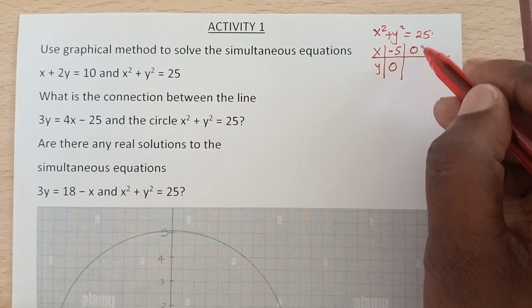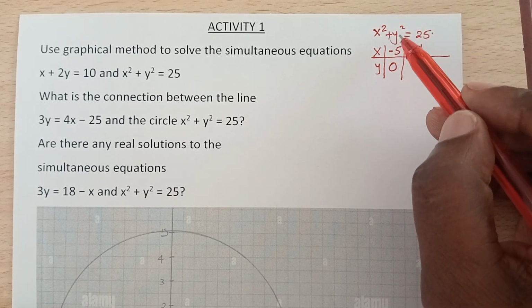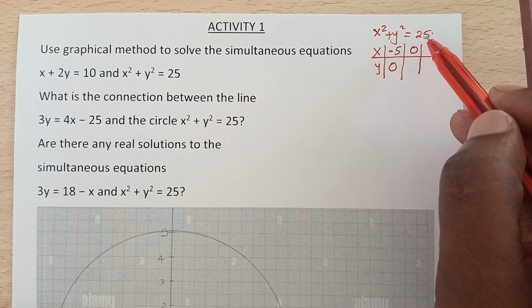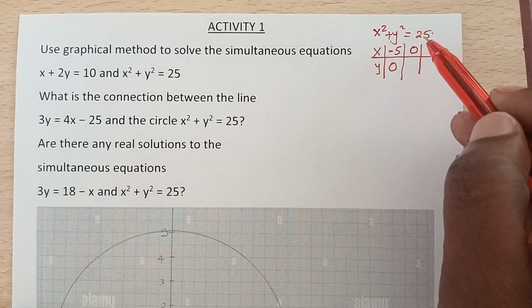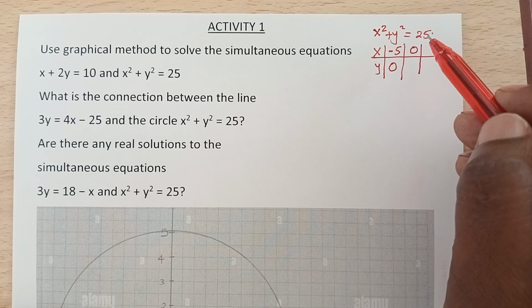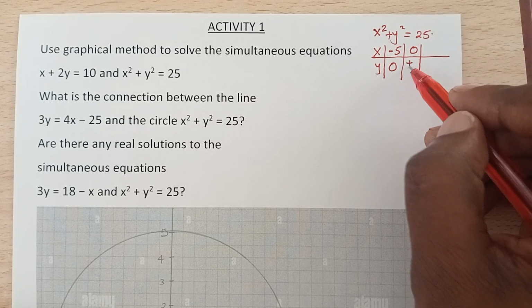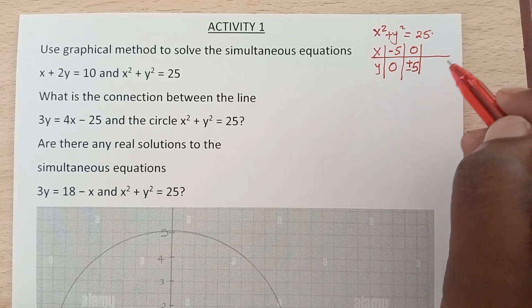What about when x is 0? When x is 0, 0 plus y squared is equal to 25. So y squared is 25, and y becomes the square root of 25, which is plus or minus 5. So when x is 0, y is plus or minus 5.